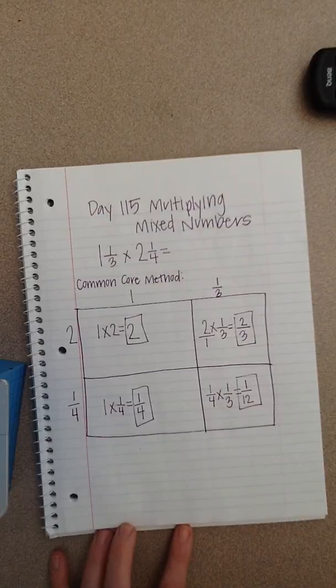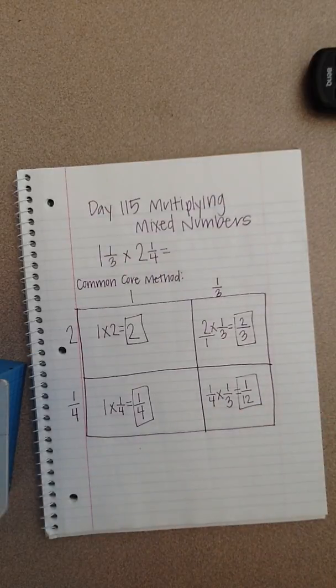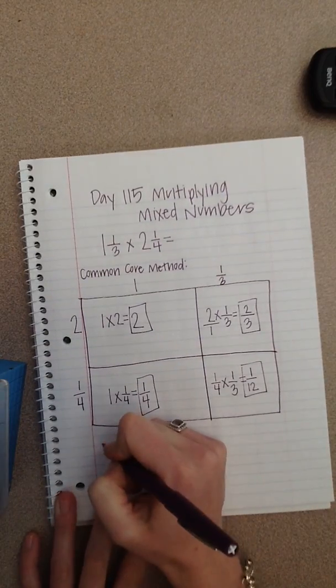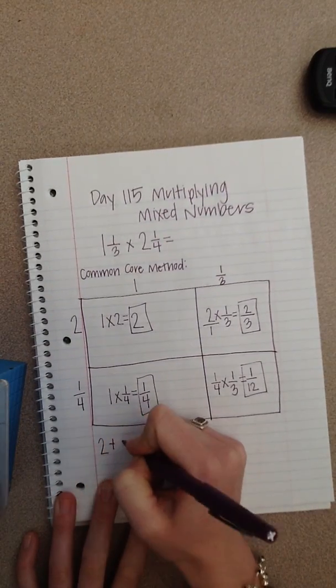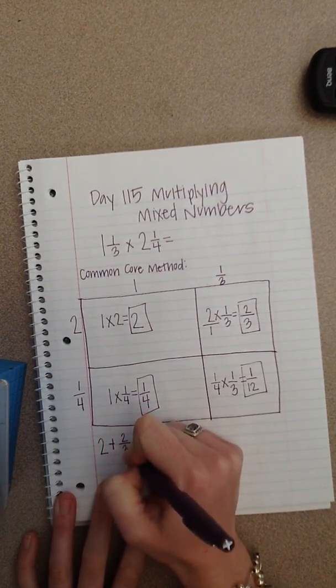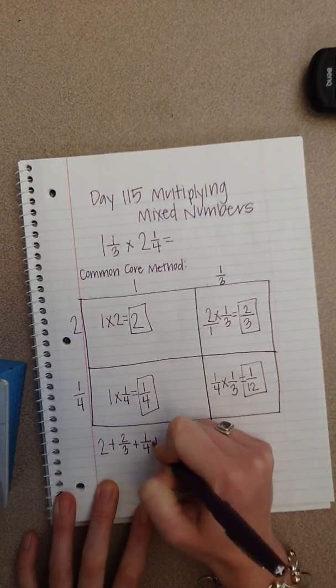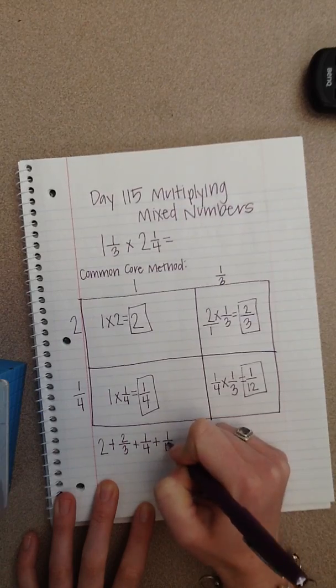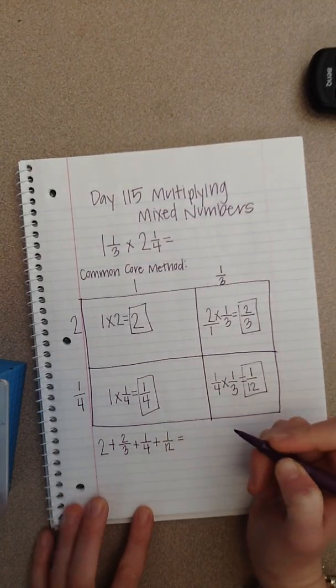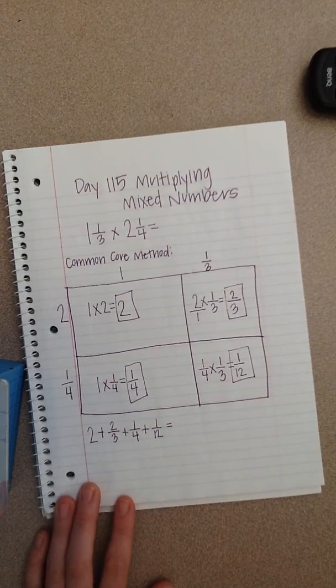Now that I have all 4 parts of my box, I'm going to add them together. I have 2 plus 2/3 plus 1/4 plus 1/12. Now, I know that I cannot add my fractions together because they do not have common denominators.